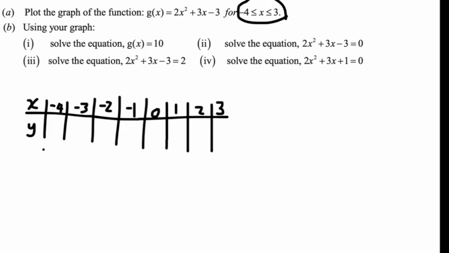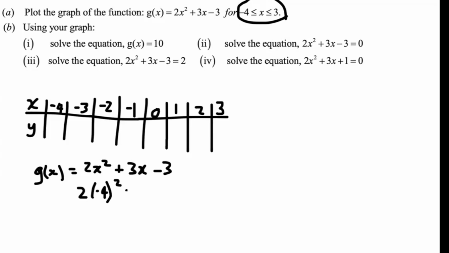Now, y value, we have to go ahead and substitute it in g(x). And of course, using your calculator is allowed to speed up the process to find the y values. Now, just remember when you're squaring a number, it's going to be positive, so don't forget that concept. So when x equals negative 4, where I have x, I replace it with minus 4.